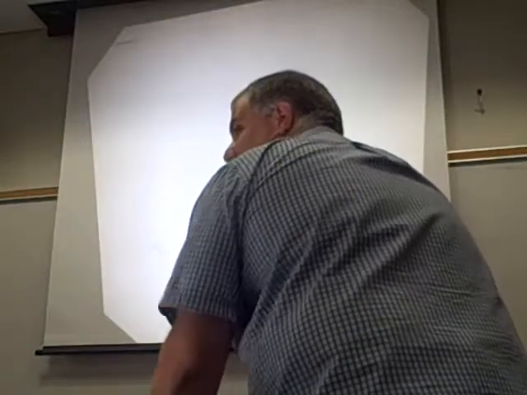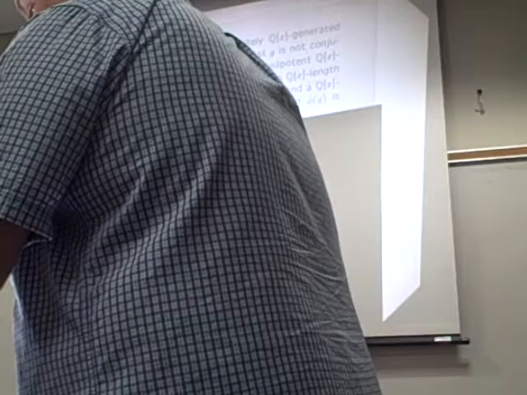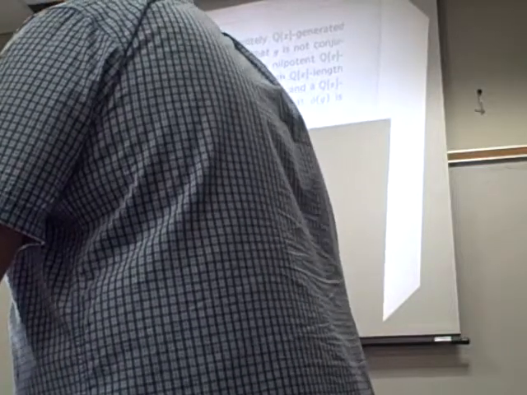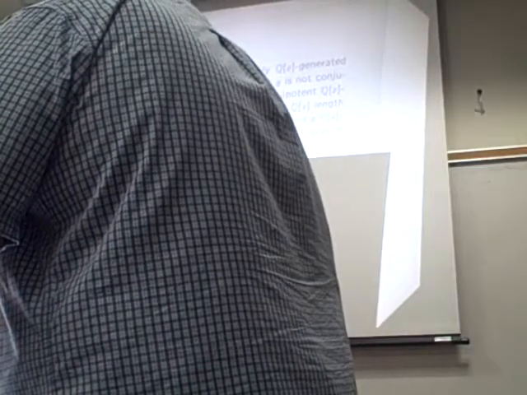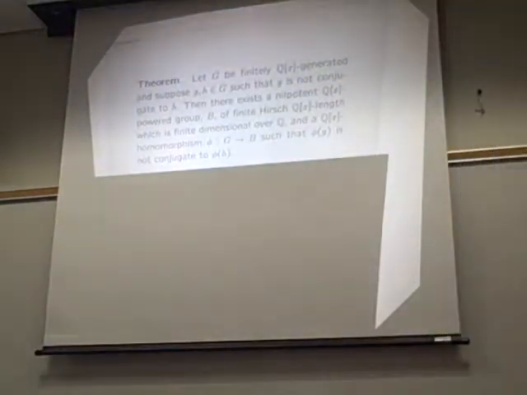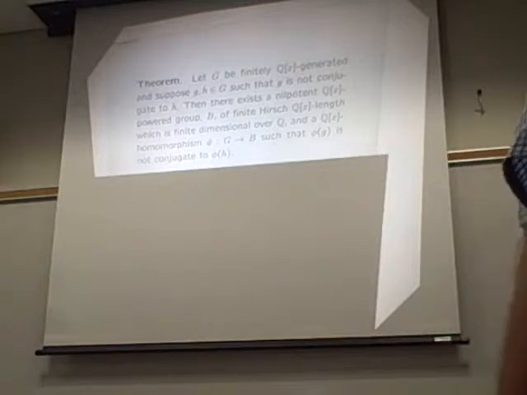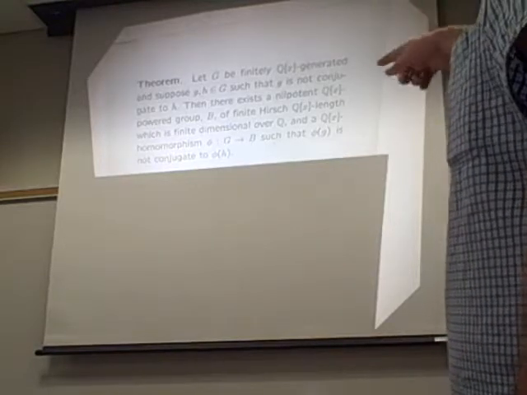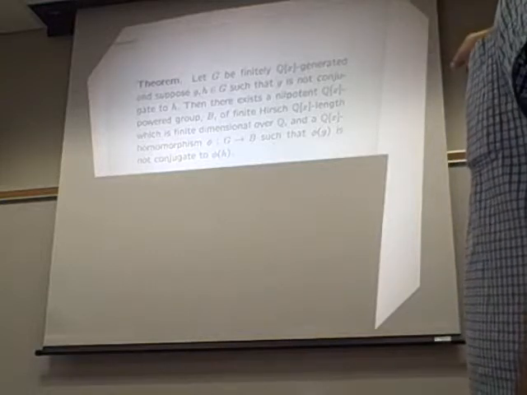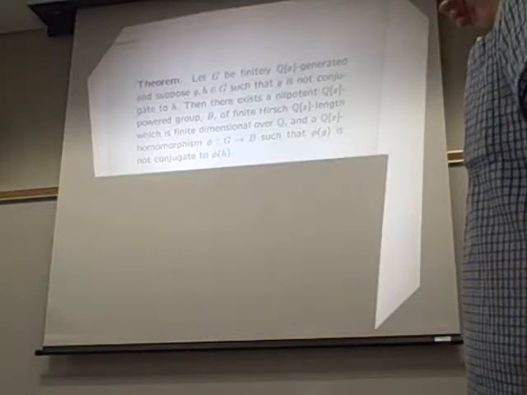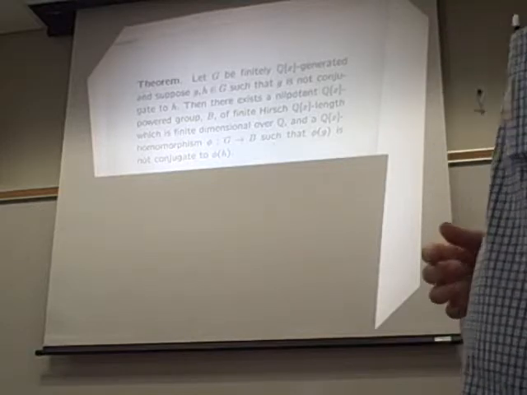So anyway, I only have a couple more things left. I could actually kill it in 1 minute. The next theorem is very nice, and it actually uses the previous one that I had mentioned. If you have a finitely QX generated group and you have two elements which are not conjugate, then there is a nilpotent QX group called B of finite Harshx length, which is finite dimensional over Q in the sense I just mentioned, and has the property that there's a homomorphism from G into B, such that the images of those non-conjugate elements remain non-conjugate.